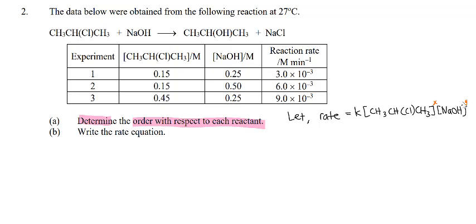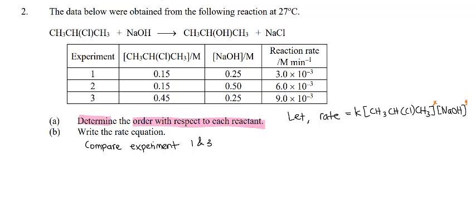Actually you can use any unknown that you want. If you don't like x, y, you can use a, b, c, d. It's up to you. Now I'm going to find the value of x first. We are going to compare the experiments that have the same value for the concentration of NaOH and different values for the concentration of CH₃CHClCH₃.